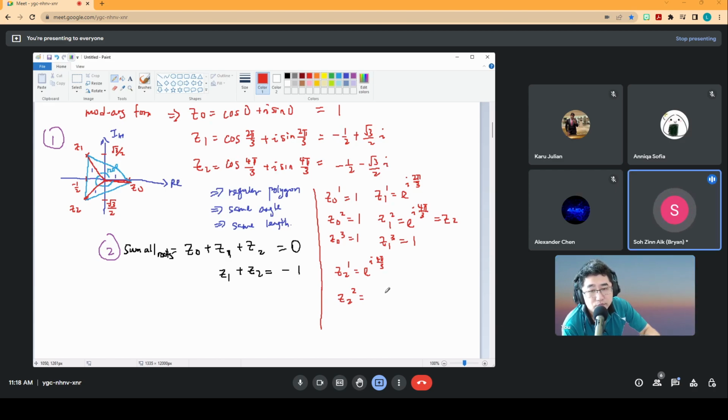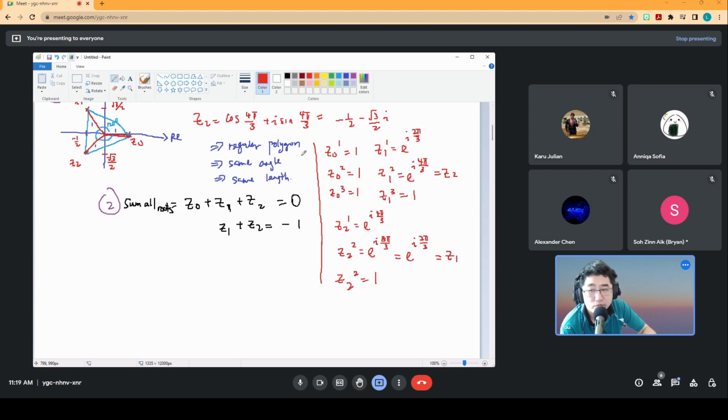It becomes 8π over 3. What is special about this 8π over 3? It is the same as 2π over 3, so it gives me back Z1. Of course, Z2 power 3 equals 1. So far, so good? Yes. Okay, this is the third observation.